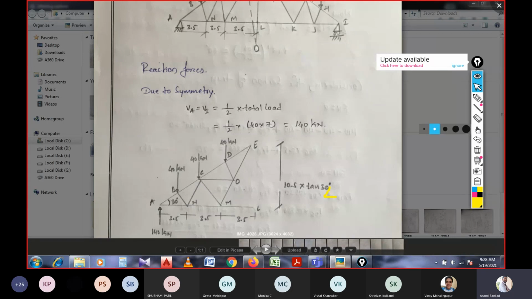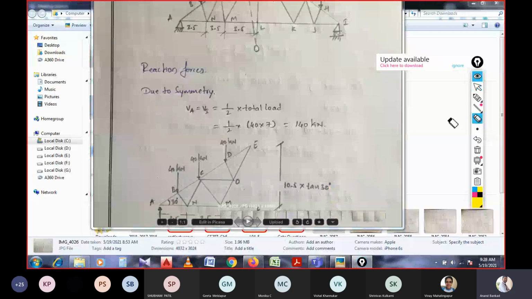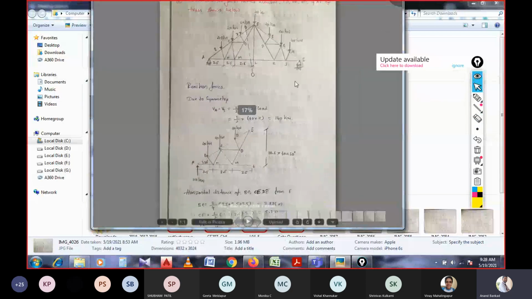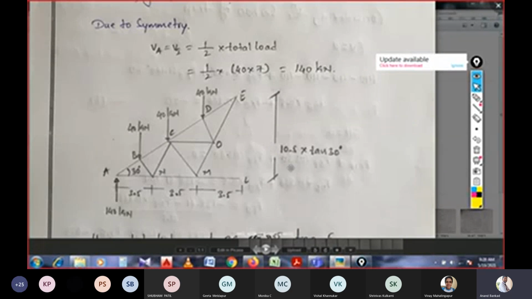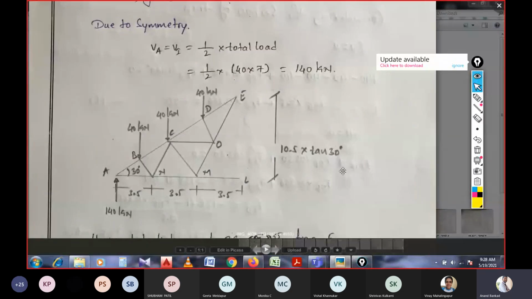So we can calculate it by referring to the trigonometrical notations. Can you tell me how 10.5 into tan 30 is simplified and written over here? It is just a question. Please let me know, I want to know how many of you are listening here.